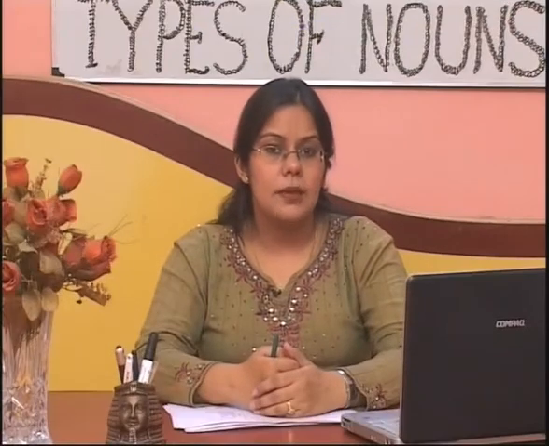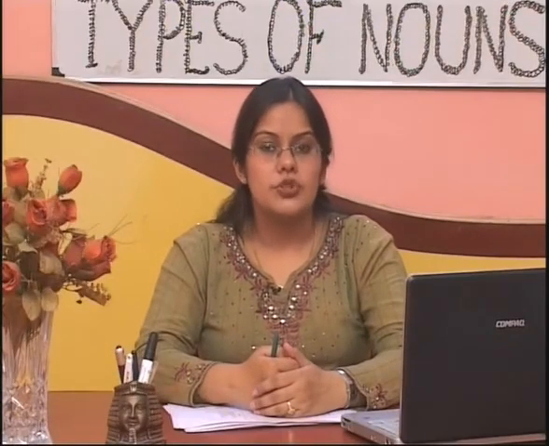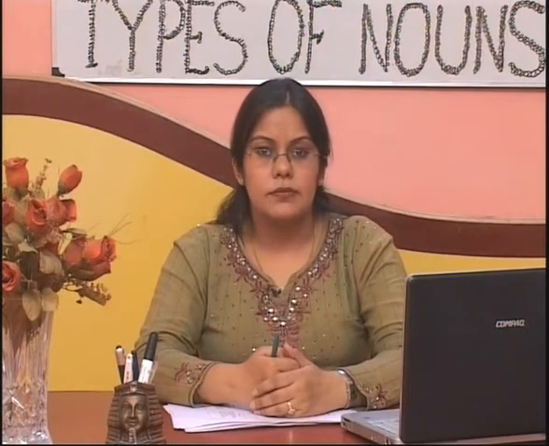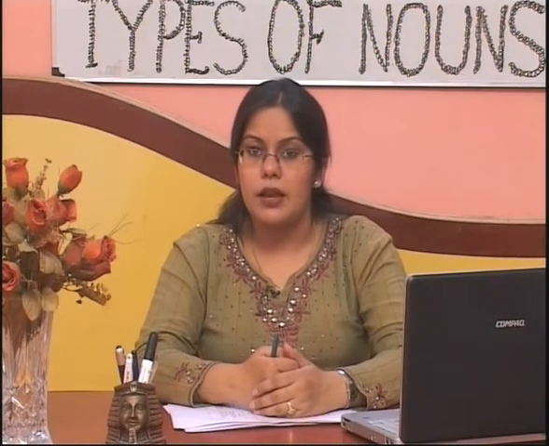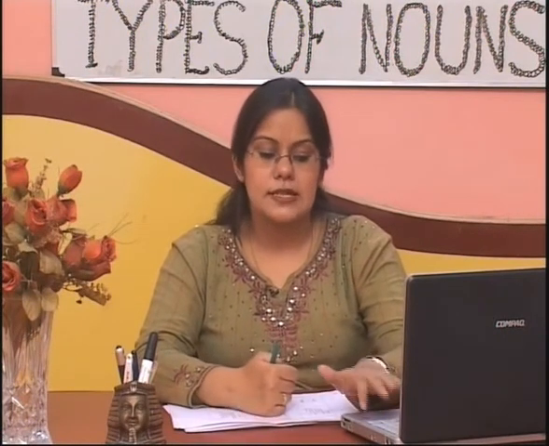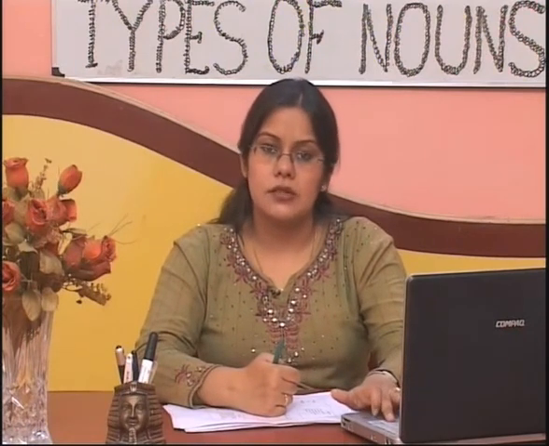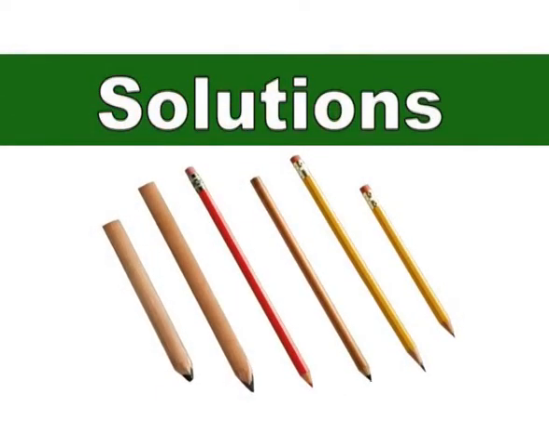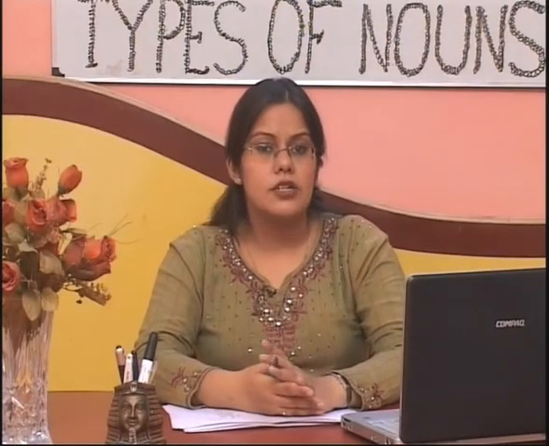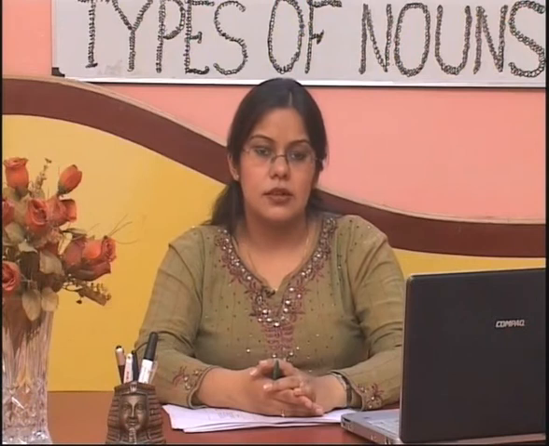I hope this time it will be easy for you to attempt this exercise because we've practiced a lot by now. So do the exercise quickly and then we'll go ahead and discuss the solutions. Let's start with the first sentence.